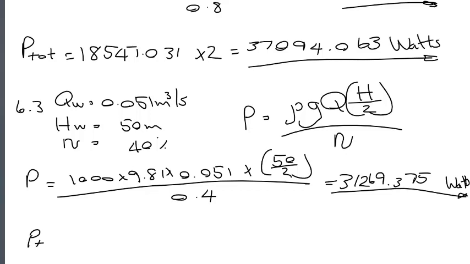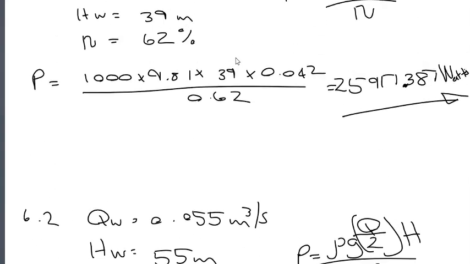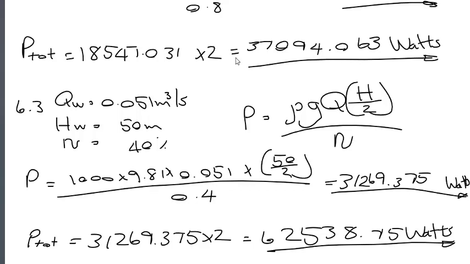So P total is going to be this 31,269.375 times 2, and that will ultimately give you 62,538.75 watts. And that's how you solve this problem.